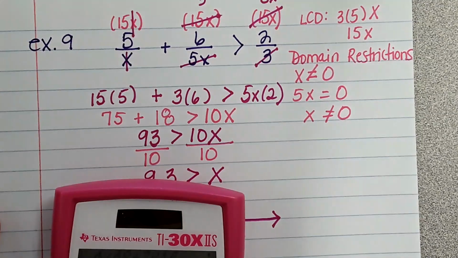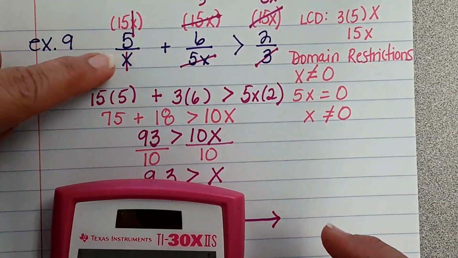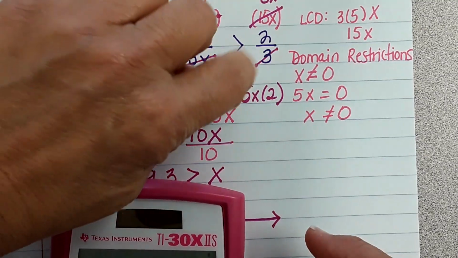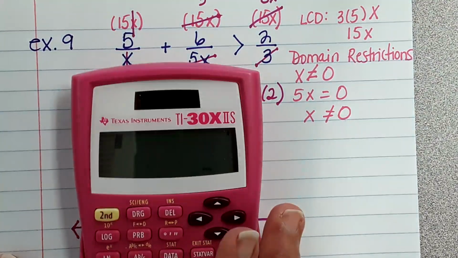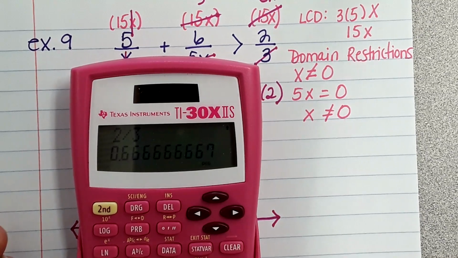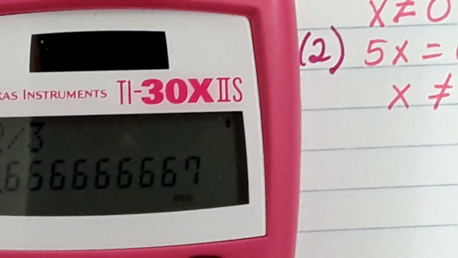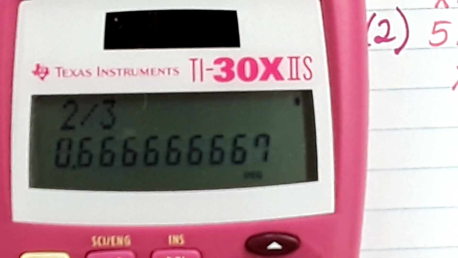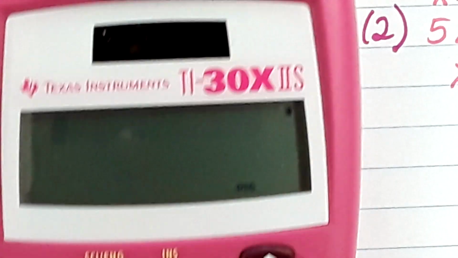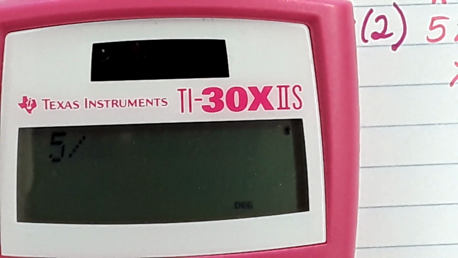What I mean by testing it is we're going to do 5 divided by -1 plus 6 divided by this, and we're going to see if it's greater than 2/3. Okay, 2 divided by 3 is 0.6667. So that's what we're hoping it is going to be greater than. So 5 divided by -1.